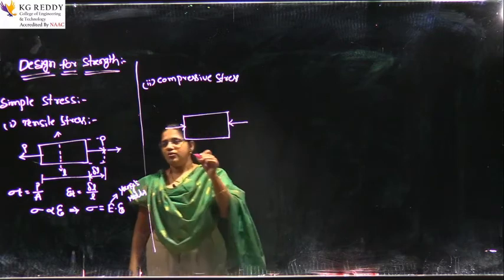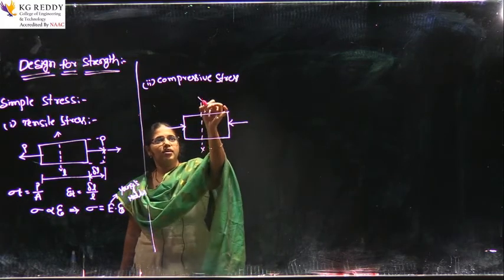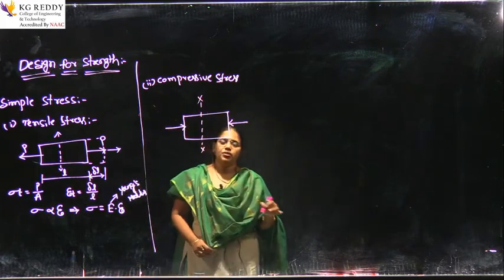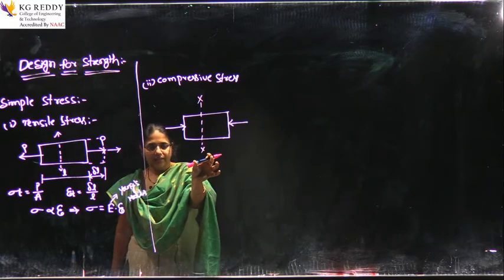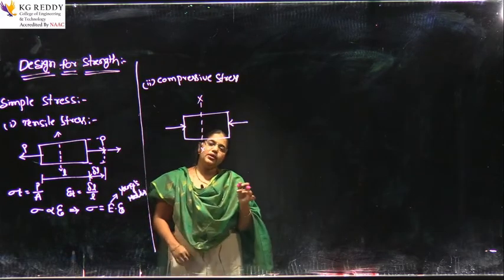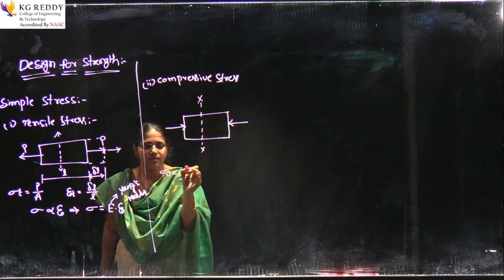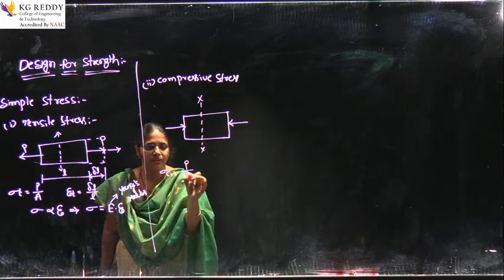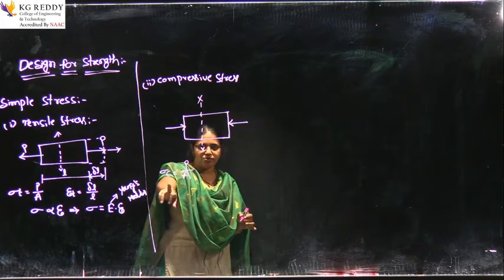Somewhere we will get some internal resistance offered in the body. Due to that internal resistance of the body, we can call it compressive stress, the load acting per unit area of cross section.